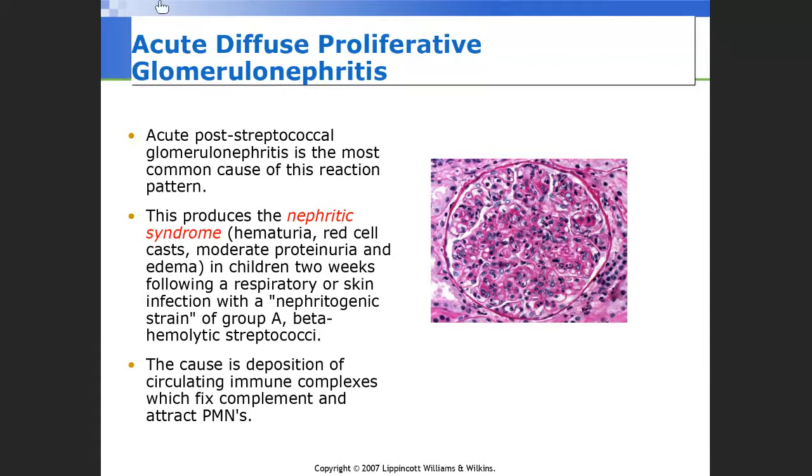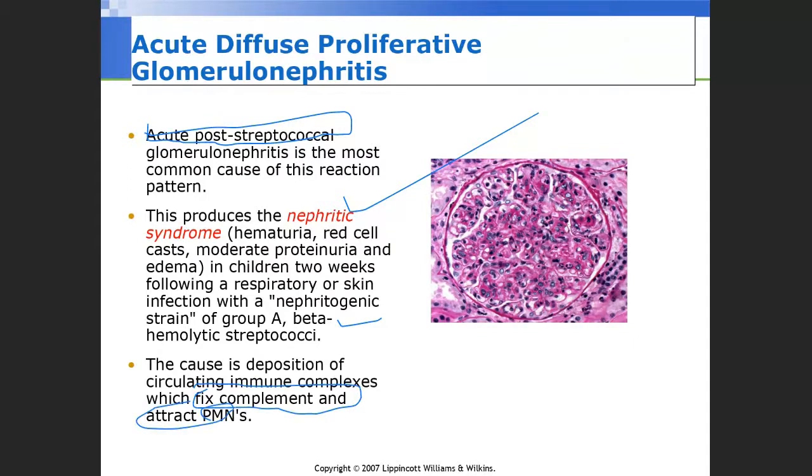Acute diffuse proliferative glomerulonephritis, or the acute, is the same thing as post-strep. Nephritic, we saw. Don't worry about whether it's group A hemolytic streptococcus, but it fixes complement to attract polymorphonuclear cells.